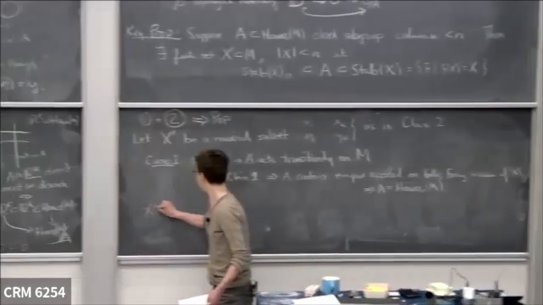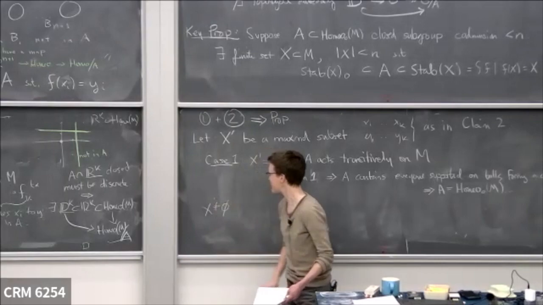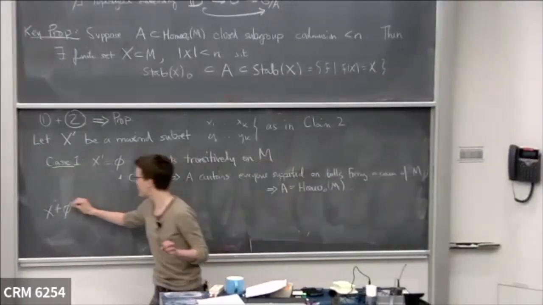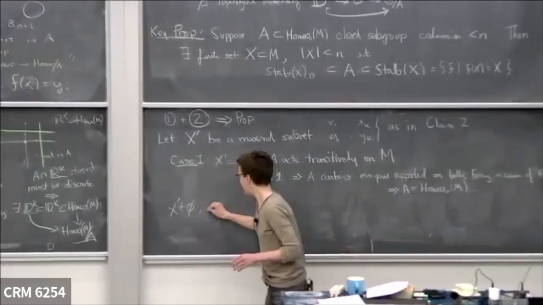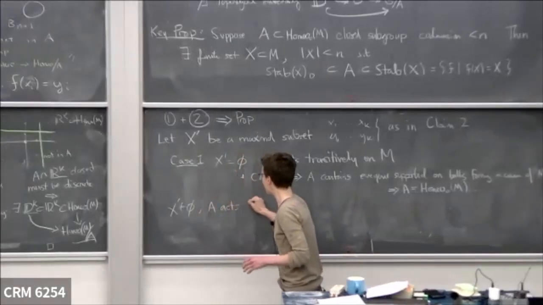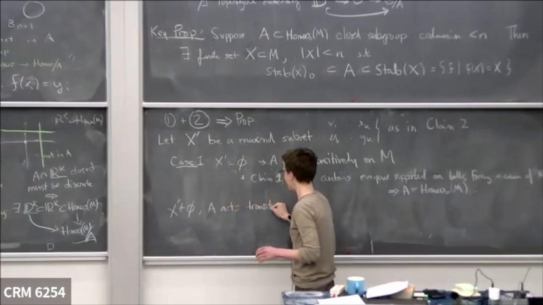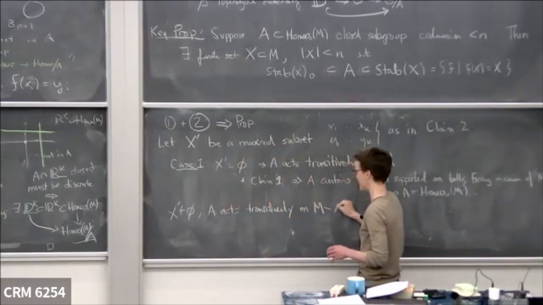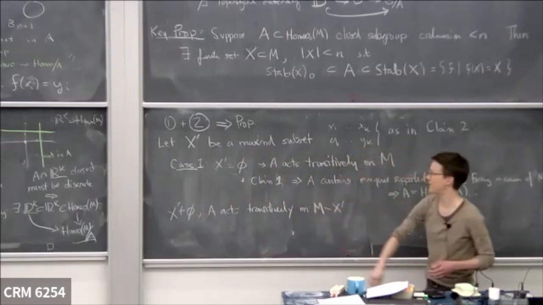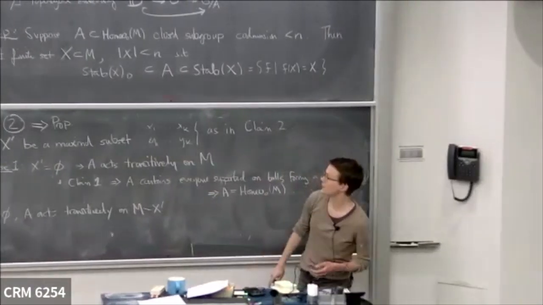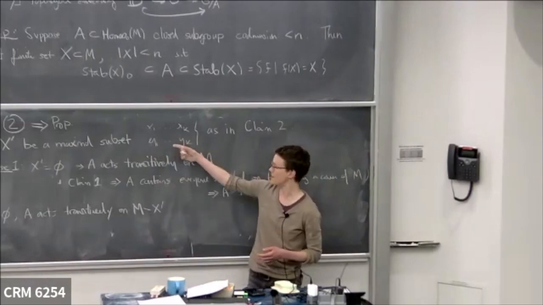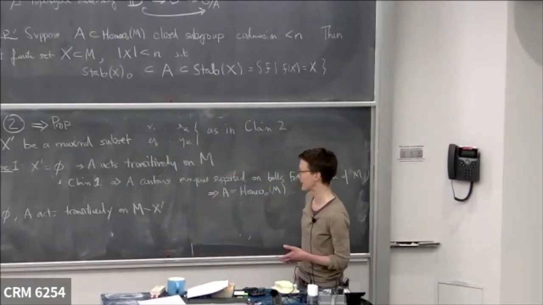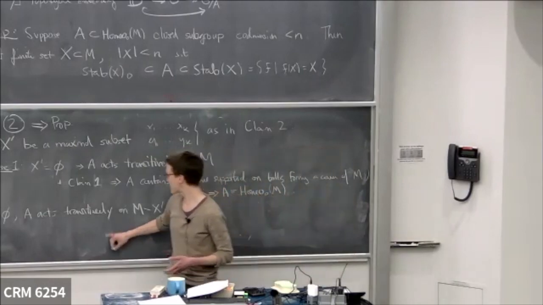If X prime is not the empty set, well, the same logic applies. A acts transitively now on the complement of this finite set, right? Claim 2 tells me that X prime is a finite set bounded by size 2n or something like this. And so what does that mean?